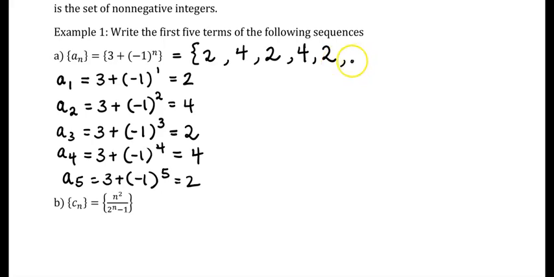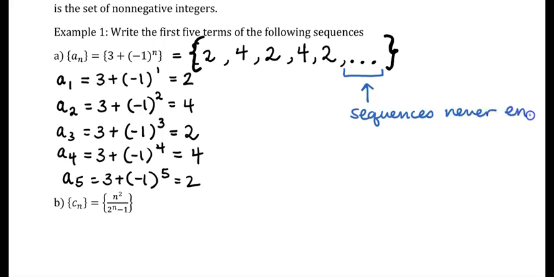I'm going to put a comma and a dot, dot, dot at the end of this list before I close my bracket. Notice I did use brackets to denote the sequence. Sequences are typically written with curly brackets around them. And the dot, dot, dot here indicates that sequences never end. They go on and on and on forever because I can plug in 100, 1,000, 1,000,000, and so forth.